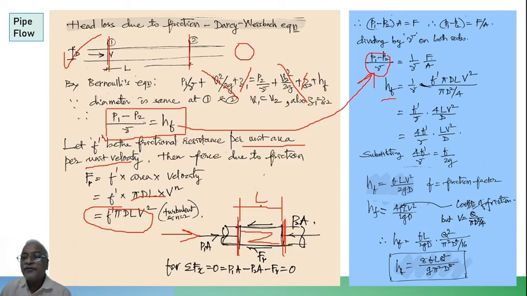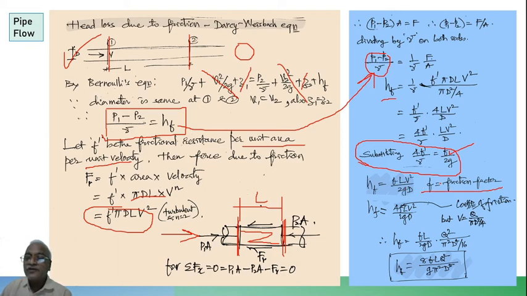Now substituting for 4 F dash by gamma as f by 2g, there is a substitution, right. Just to put it in a simple format, substitute 4 F dash by gamma as f by 2g, then what happens is HF becomes f by 2g, this lv squared by d is there. Now here this plain f is known as friction factor, right.